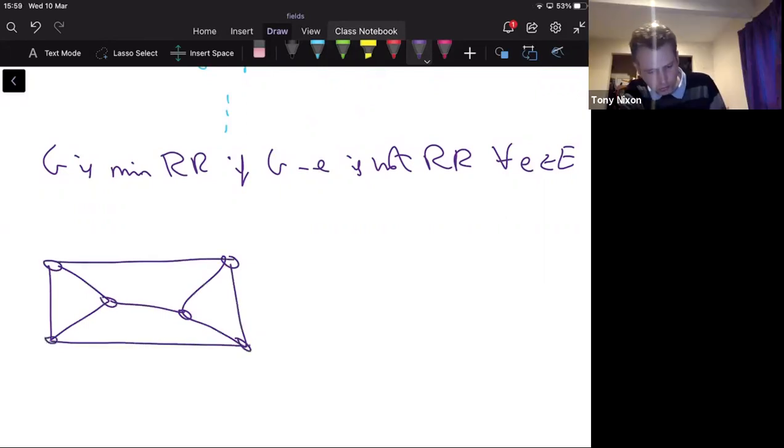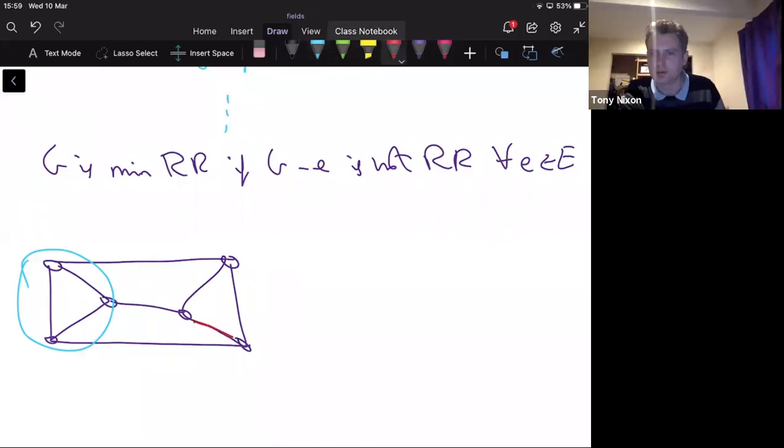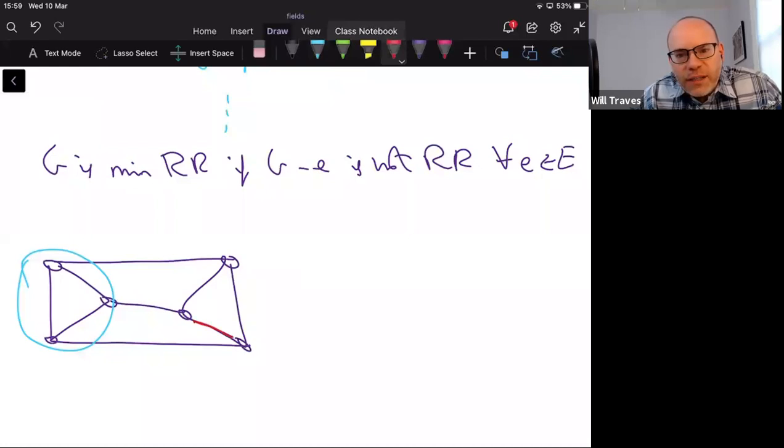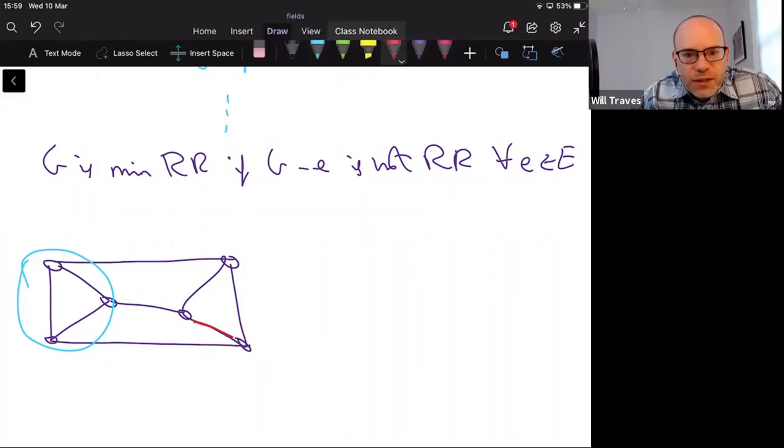By rigid components, are you happy that this is a rigid component of this graph? No, so all I'm asking is about G and G complement. Oh, the complement. The complement of G should both be rigid.